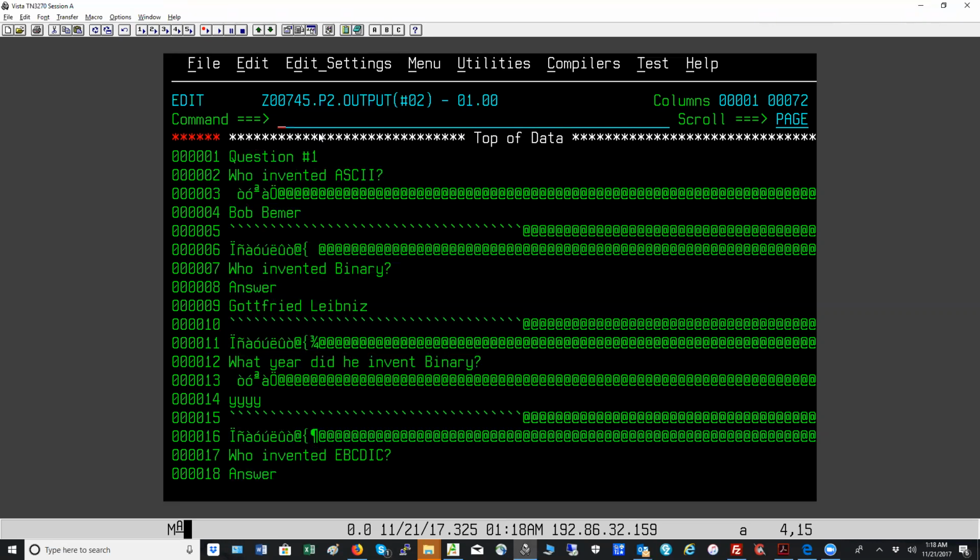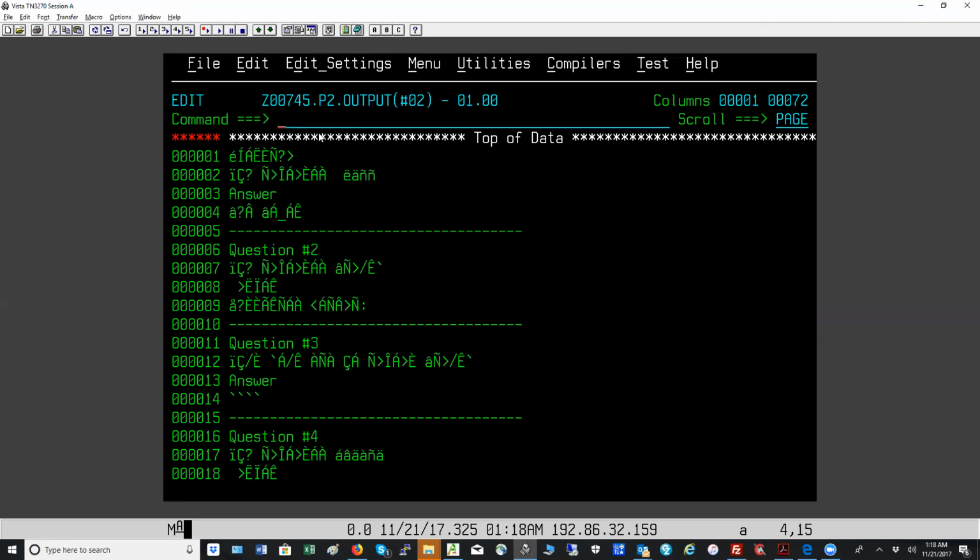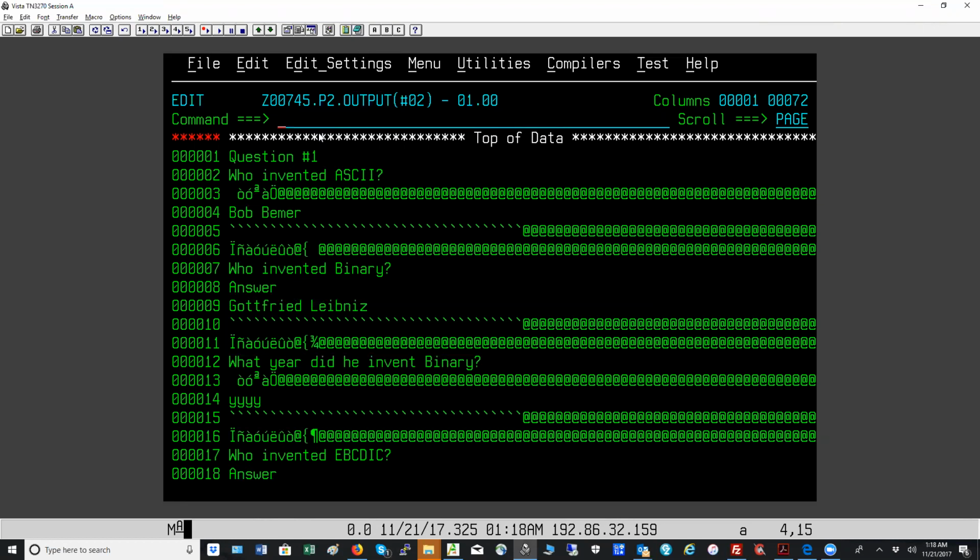Some of them that you could read, you can't read now, and vice versa. And if you hit reset, it'll go back to where it was. So source, ASCII, reset. Remember that, because you're going to have to toggle between the two to help solve the challenges.